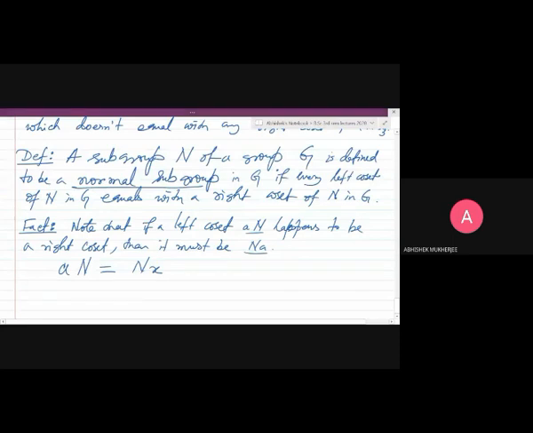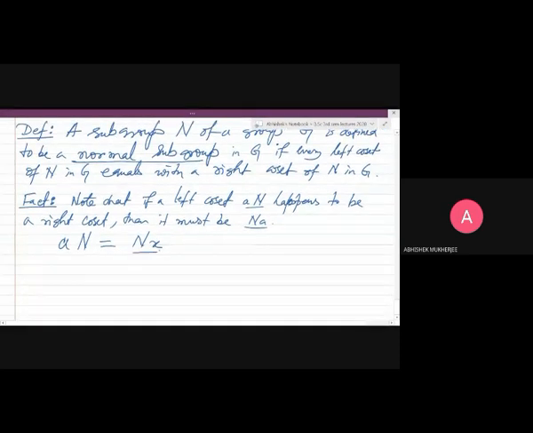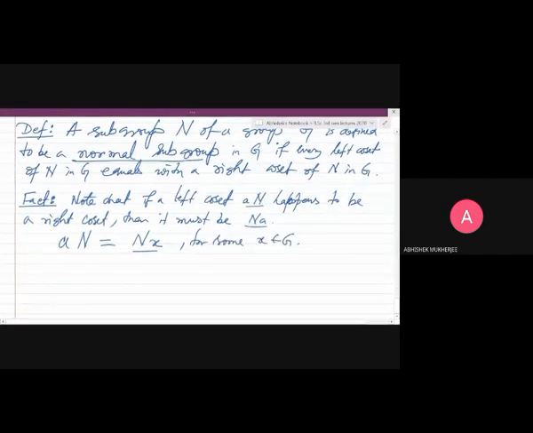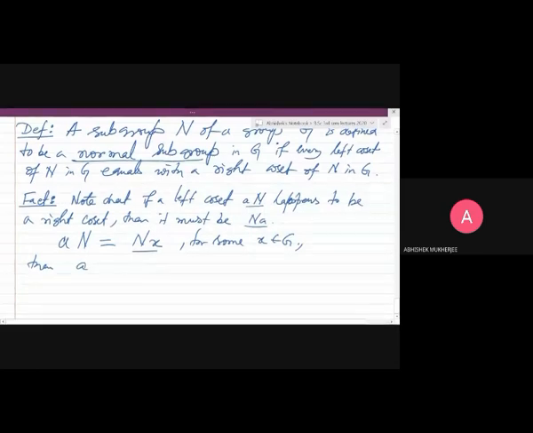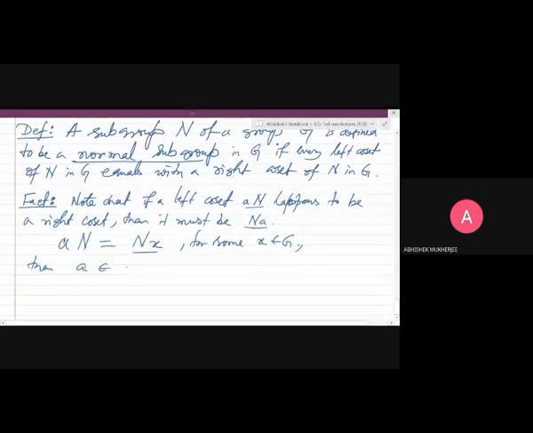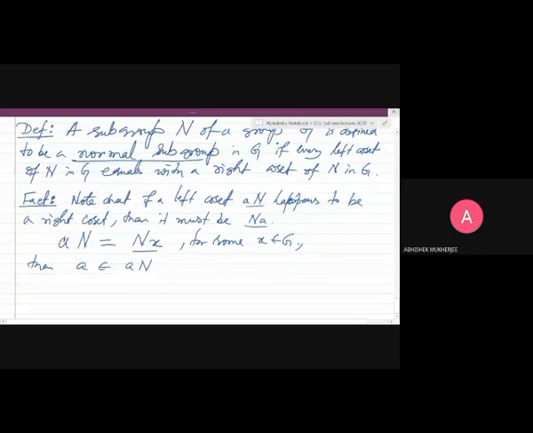Why? Because if it is some Nx for some x, then what you will get? Then small a belongs to aN, because you can represent a as a dot e.